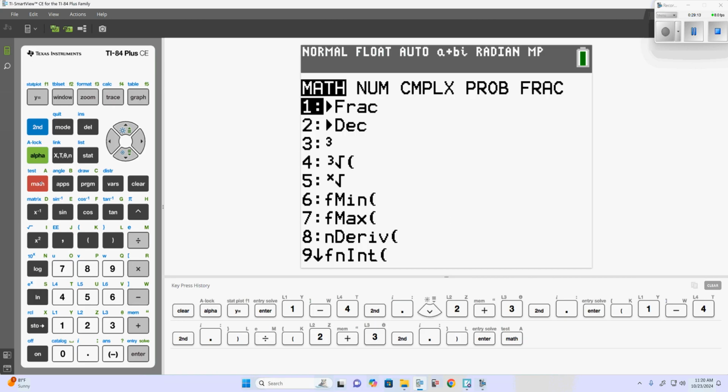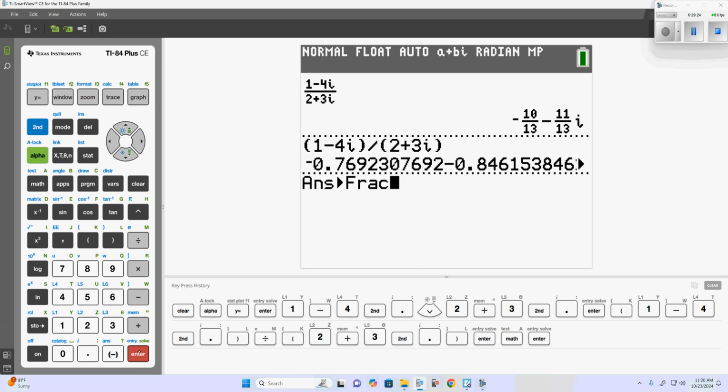Now the first option there, that arrow FRAC, is fraction. If you have that selected and hit enter, what that's going to say is take the previous answer and turn it into a fraction. Hit enter again. Math, enter, enter.